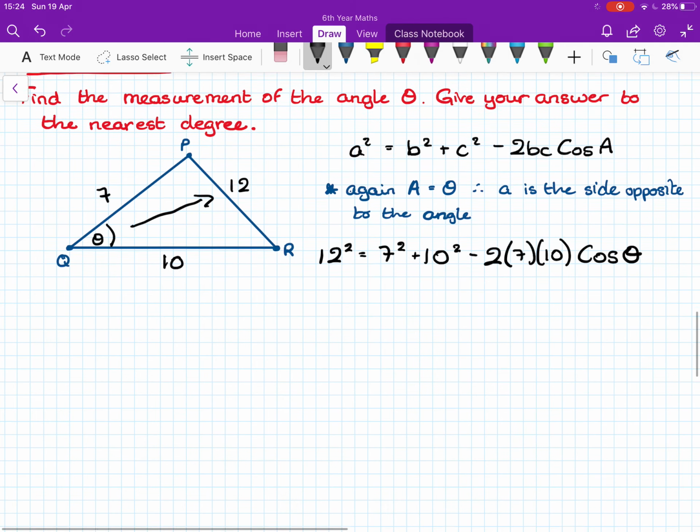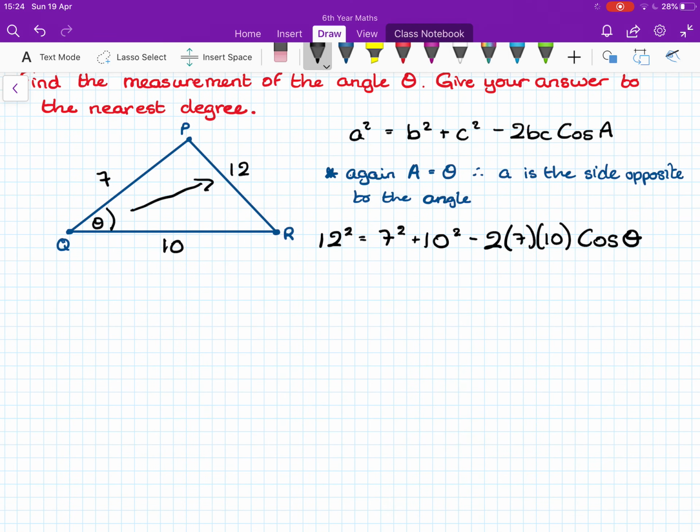so I'm going to label that as theta. So tidying all this up, we're going to go 144 is equal to 49 plus 100 minus 140 cos theta. Again, tidied up a little bit more. 144 is equal to 149 minus 140 cos theta.